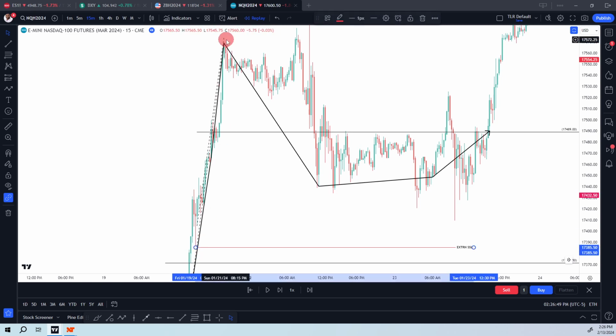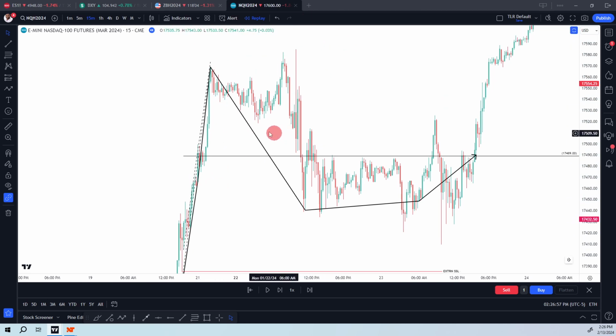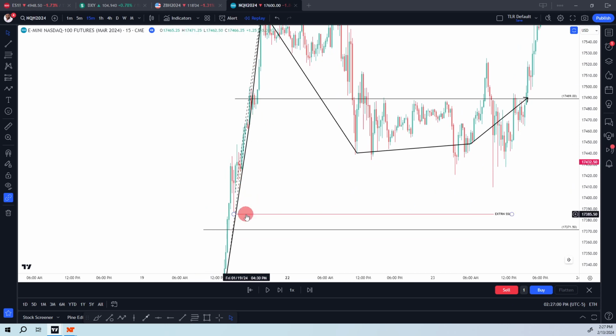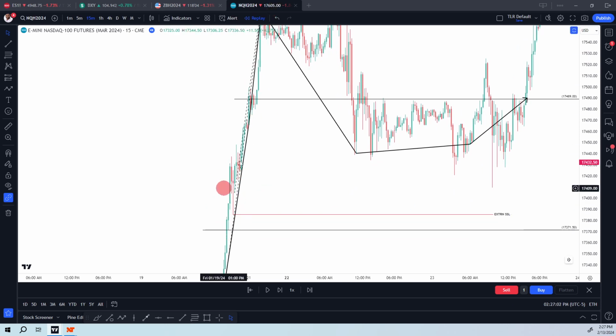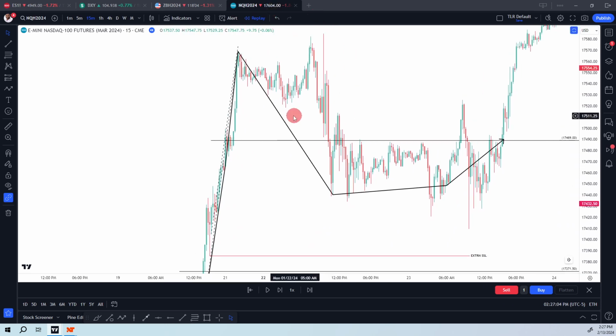Because from this low to this high, this low is internal liquidity now on the 15-minute. So it's okay if we take out this high and then come take out that low. This is our dealing range. So we come to internal liquidity, back to the order block right here.